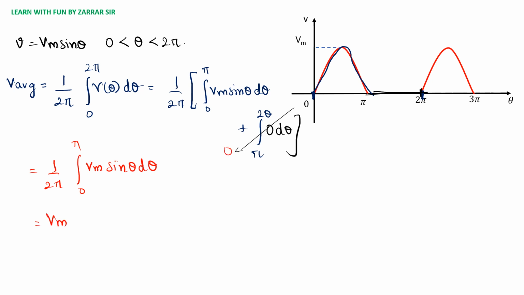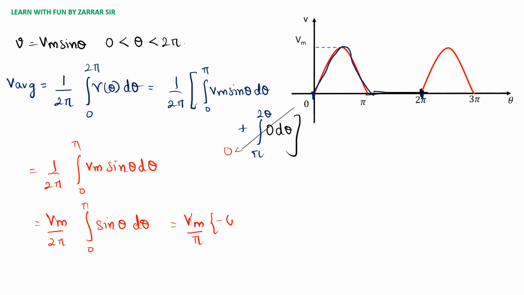Now Vm is constant outside of the integration, so Vm upon 2 pi times the integration of 0 to pi of sine theta. We have already solved this in the previous part. Integration of sine theta is minus cos theta.